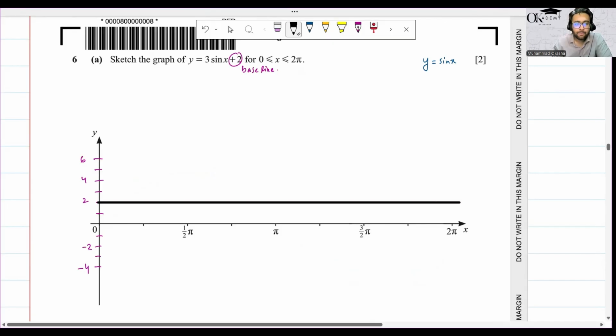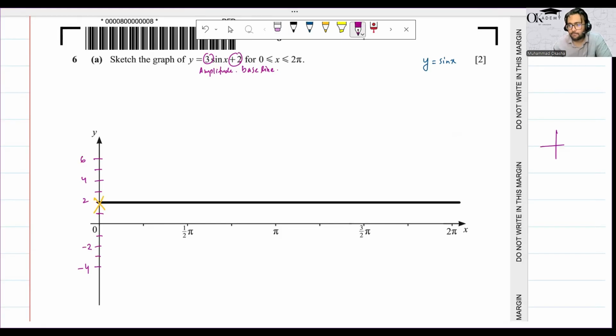Now, this 3 over here represents the amplitude. I hope you remember the graph of the sine. I use this simple thing to remember.